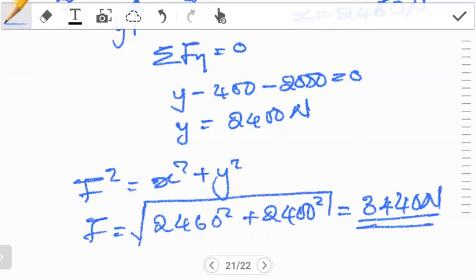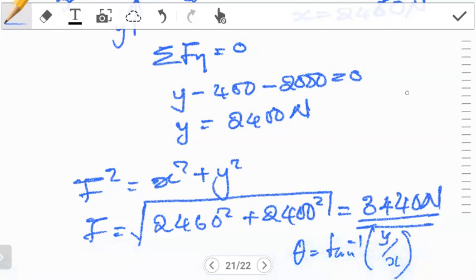If you wanted to get the angle, of course, the angle is just tan inverse of the force in y over the force in x. Of course, this is elementary from the vector series. So if you want to check that one out again, you can always check the link in the description.